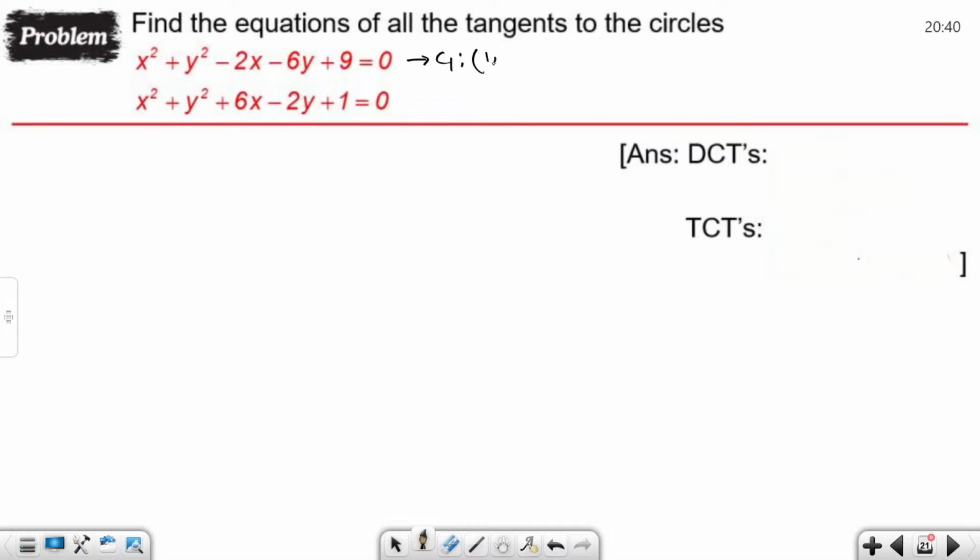Its center is, and its radius is, which is 1, and the center for the second circle is, and its radius is, now we have to find out the equation of the tangents.